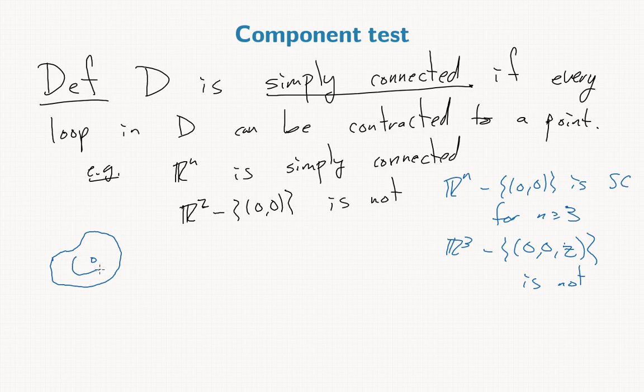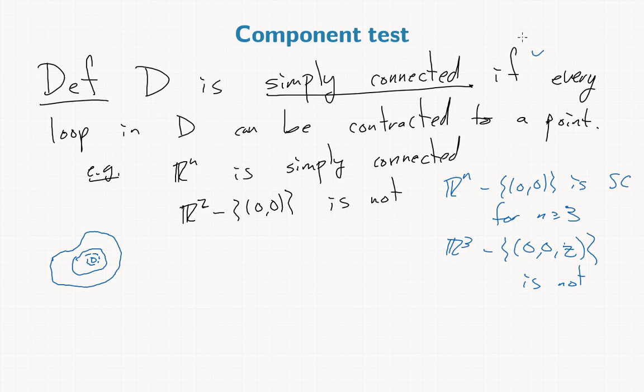There's no way to contract it without getting stuck on the missing point. Some other examples: a sphere is simply connected, but a torus is not. On a torus, there are two different types of loops that go around the entire torus, which can't be contracted to a point.